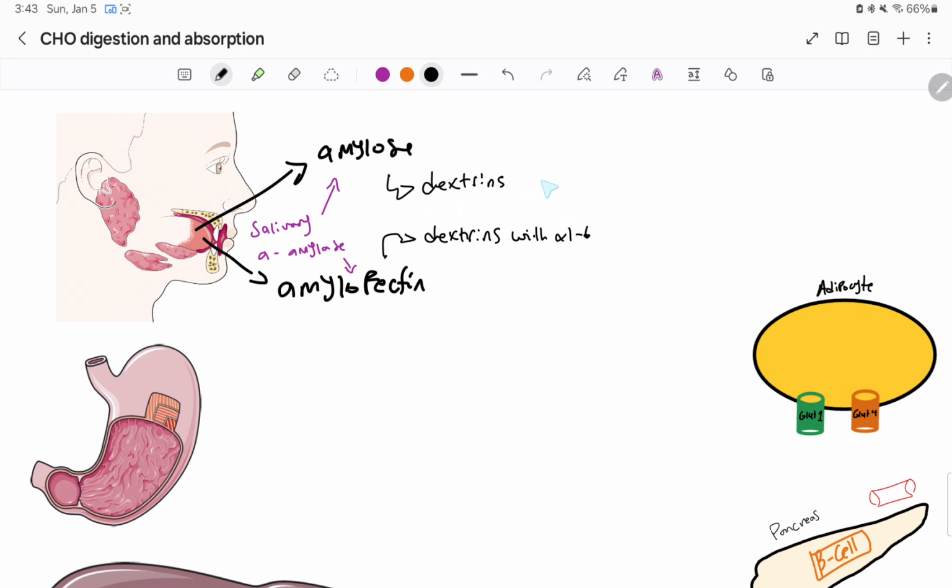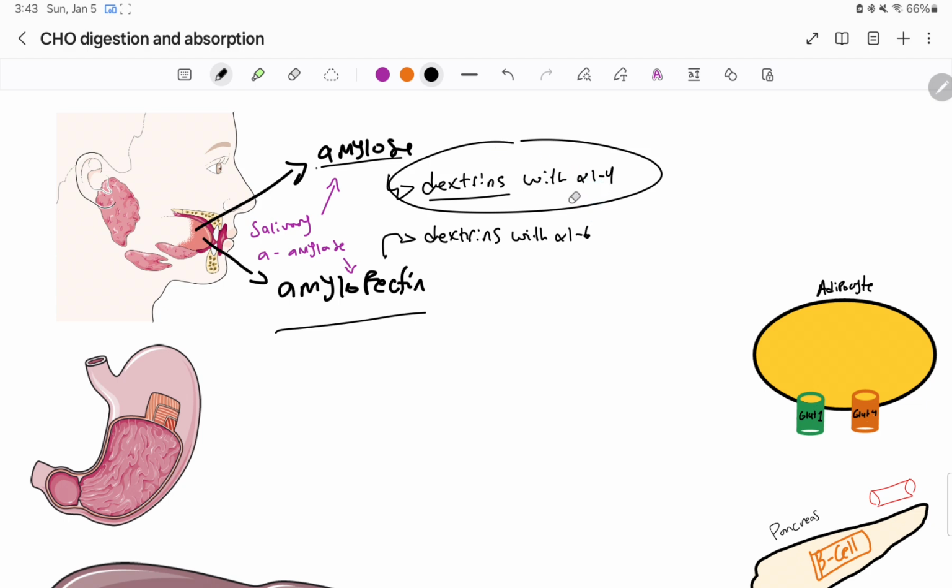And this one is a dextrin with no alpha-1,6 bonds, so it's got alpha-1,4 bonds, okay? So you had amylose and amylopectin, and salivary alpha amylase started acting on them and broke them down into these molecules called dextrins. The amylose ones were with alpha-1,4 bonds, but no alpha-1,6. And the ones that come from amylopectin are the ones with alpha-1,6 bonds, okay?